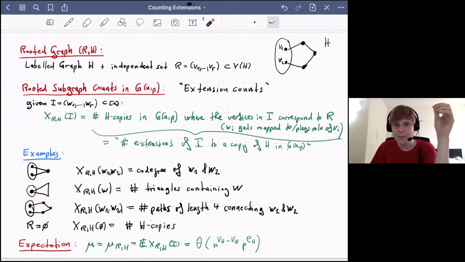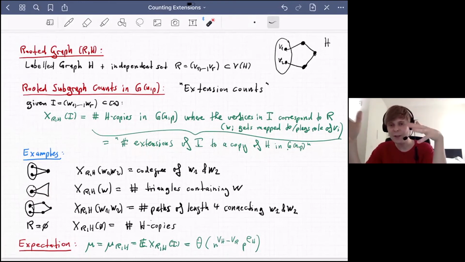What the 0 statement means is that I can find one vertex where the number of triangles that contain that particular vertex is either less or equal than 1 minus epsilon times the expected value, or larger than 1 plus epsilon times the expected value. So that's what I mean by having the wrong subgraph counts, that you're relatively far away from the expected value by a factor of at least 1 plus epsilon, or at most 1 minus epsilon.